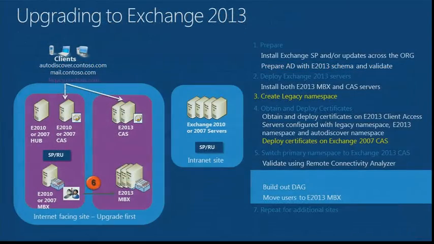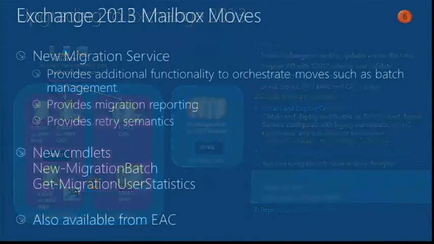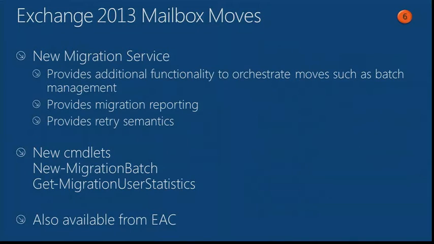All right. The last thing, of course, building out the DAG, moving the users. We have a new mechanism that we can use to move mailboxes. It's still an online move mailbox like we have in 2010, but this is using a new service, this new migration service that allows us to move mailboxes online in batches.